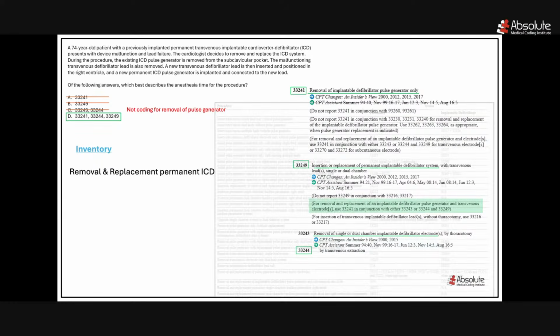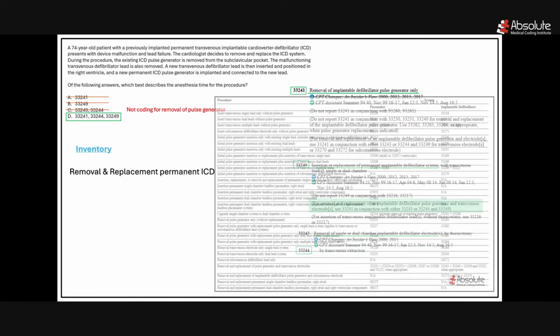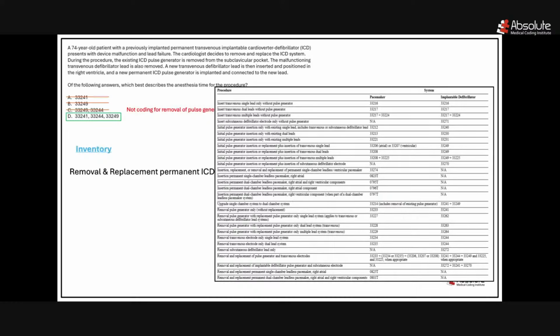Also, there is an easy way you can arrive at the answer. That's how you use this chart, which I showed in the beginning. If you use this chart, you will arrive at the correct answer. You can first locate the procedure. The procedure was removal and replacement of the pulse generator and transvenous electrode, right? The entire system was removed and replaced.